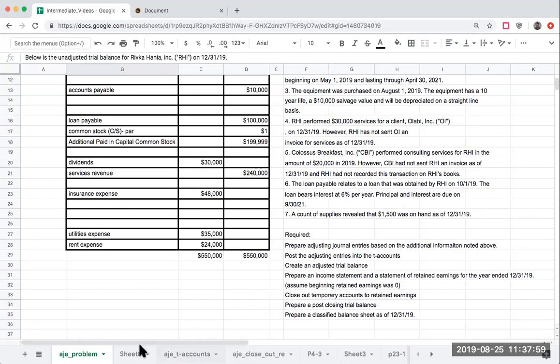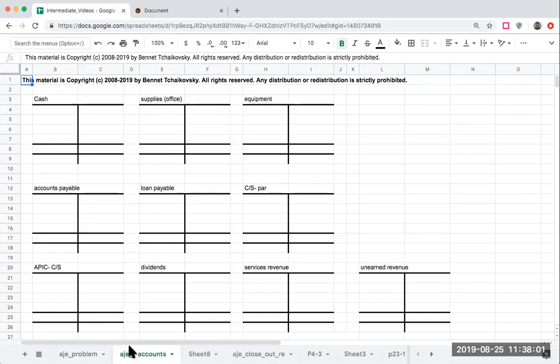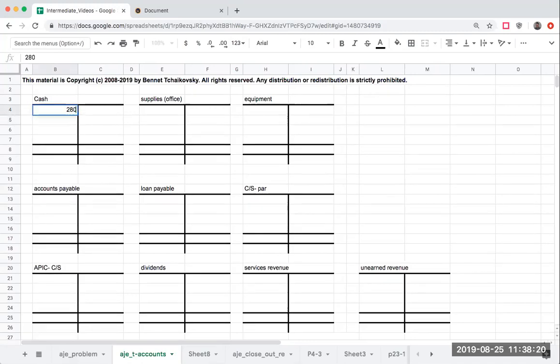So the first step right here is I have the T accounts in here, and the first thing we're going to do is put in our opening balances. If you're at home, hopefully you have a copy of my sheet. So I'm going to put in these initial amounts.